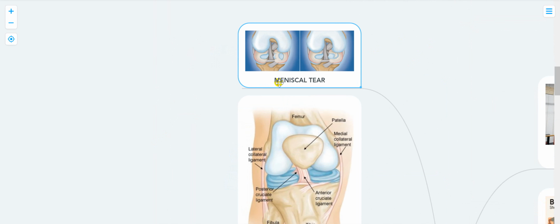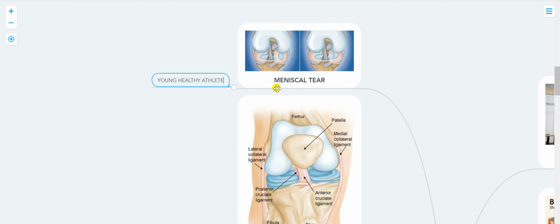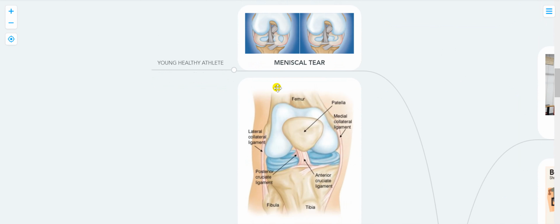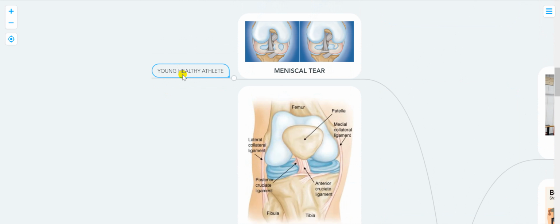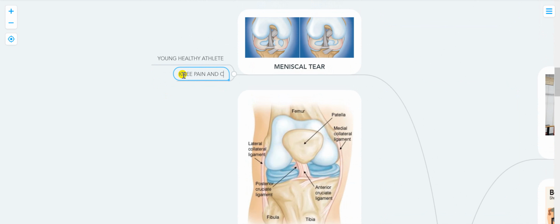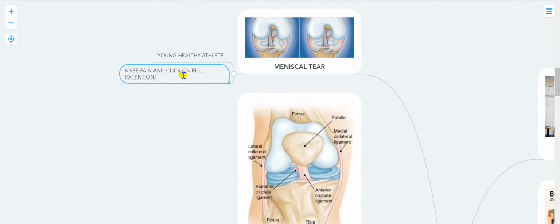Meniscal tear. Let's talk about that. What is the meniscal tear? Usually meniscal tear, the pathophysiology is unknown. But how does the patient present? Usually a young, healthy athlete presents with knee pain and click on full extension.